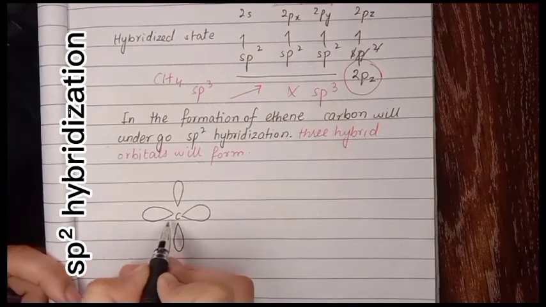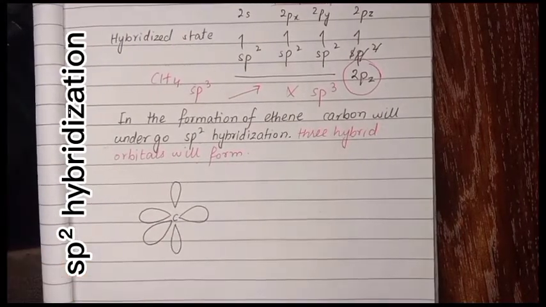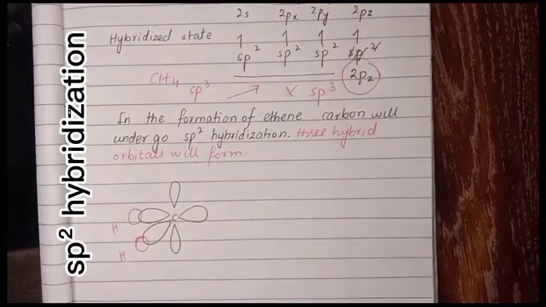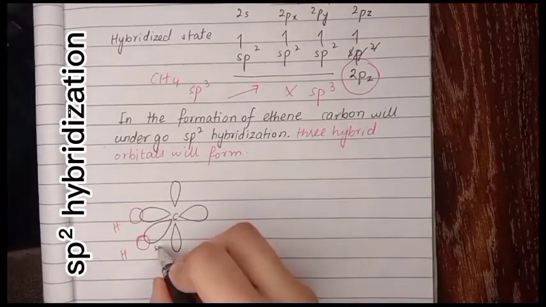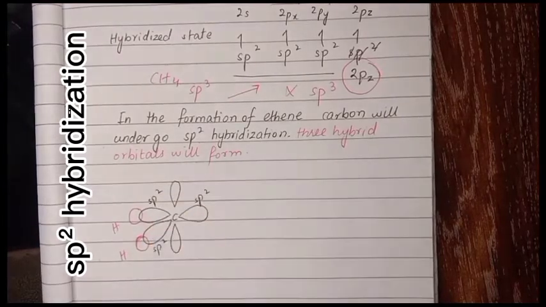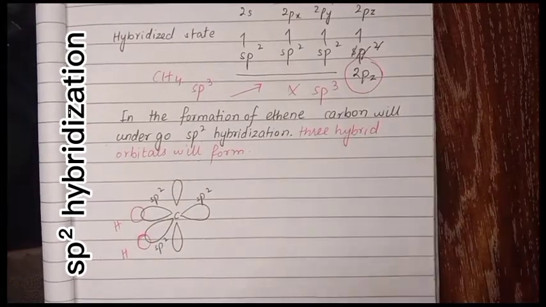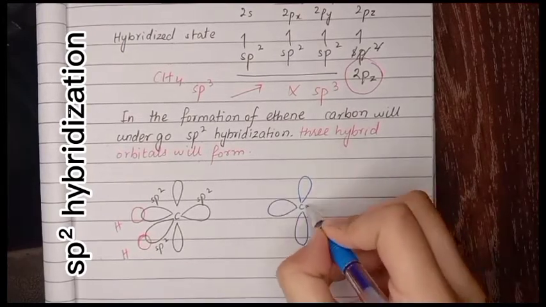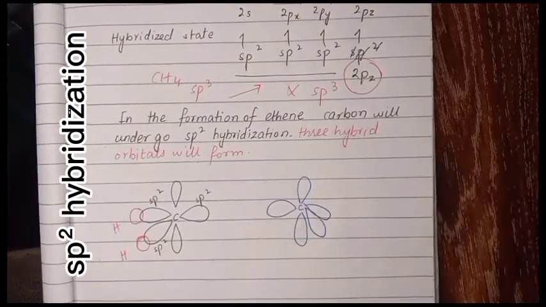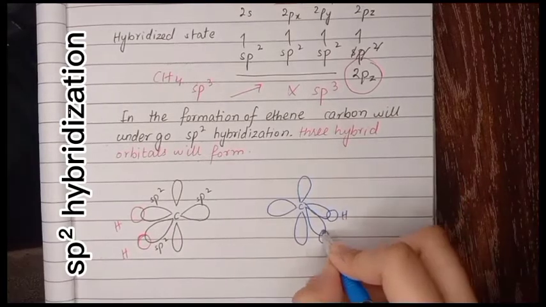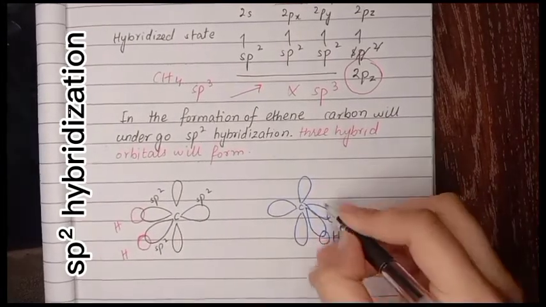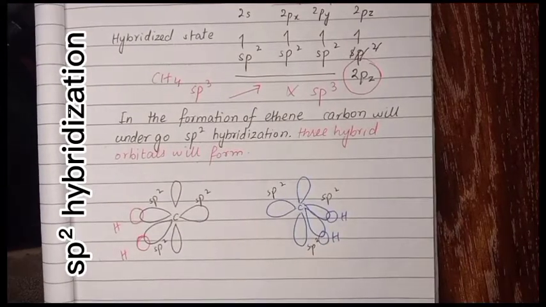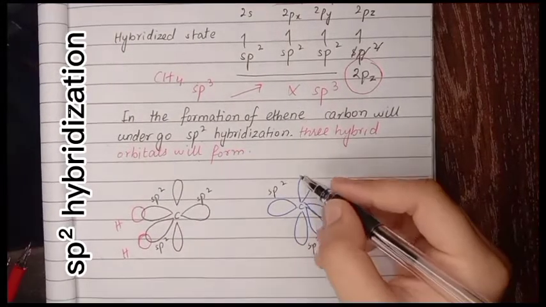So here we have a carbon atom which has sp2 hybridized orbitals. 2 of the sp2 hybridized orbitals will overlap with the hydrogen s orbitals, which will be sp2 and s overlap, and the other carbon atom has the same thing. 2 sp2 orbitals will overlap with hydrogen, and the other one sp2 will not overlap with hydrogen's s orbital.